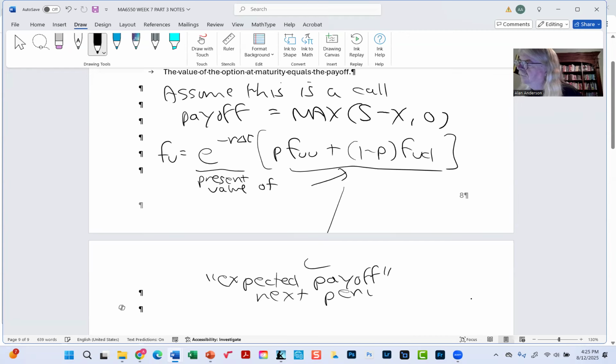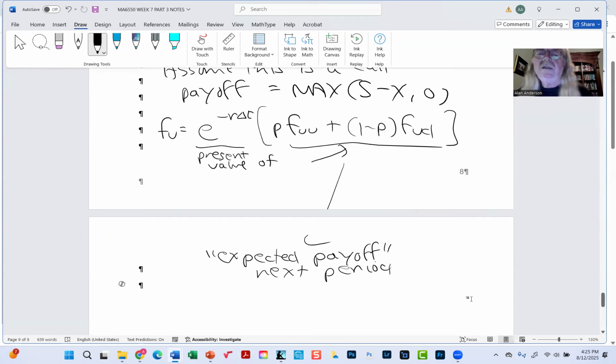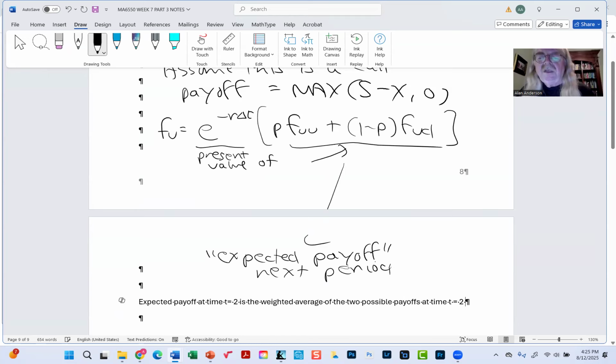So in other words, what we're saying is that the expected payoff, I should have said next period or time t equals 2 in this case, is the weighted average of two possible payoffs at time t equals 2, weighted by probabilities of reaching those payoffs.